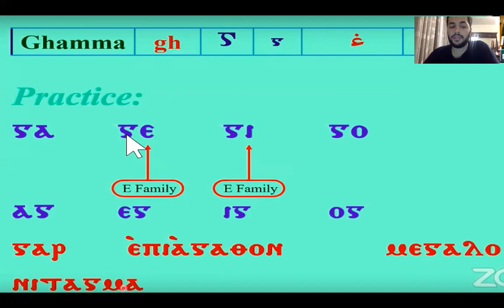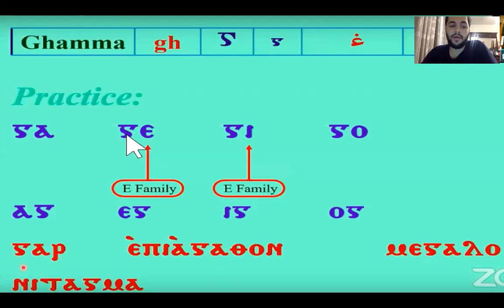For this last word on the screen, find the Gamma. Here the Gamma is towards the end of the word, and the letter after it is not an E family and not one of the 4 letters. It's a Mu. It's not a vowel. So there's nothing that could possibly change it. So we know that this will be a normal Ga sound.